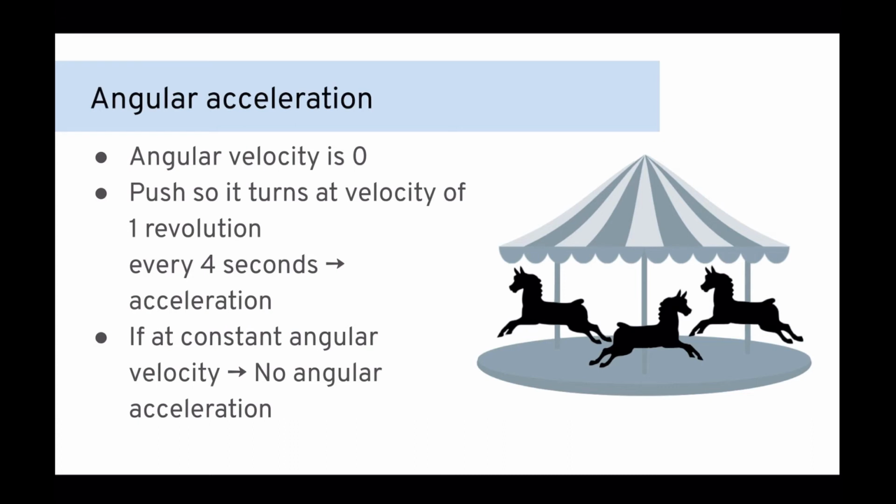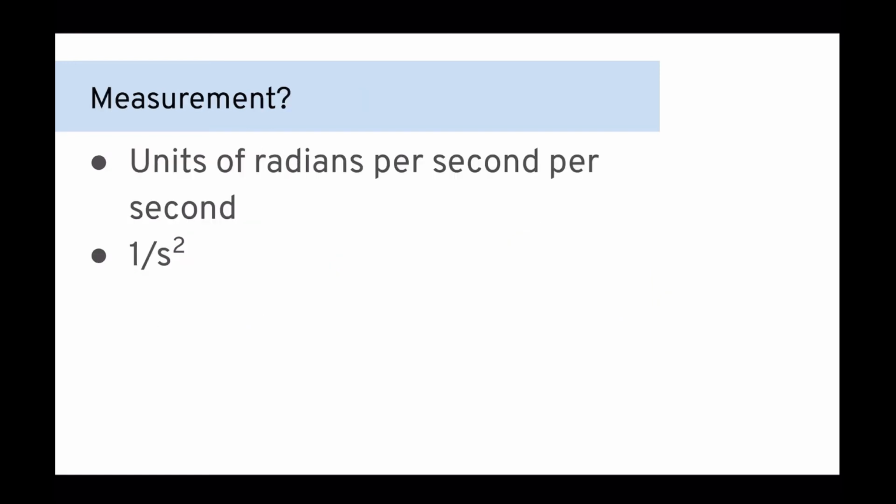If it moves at a constant angular velocity, there would be no angular acceleration. Since accelerations are changes in velocity, it uses the units of radians per second, but radians are dimensionless, so it uses 1 per second squared.